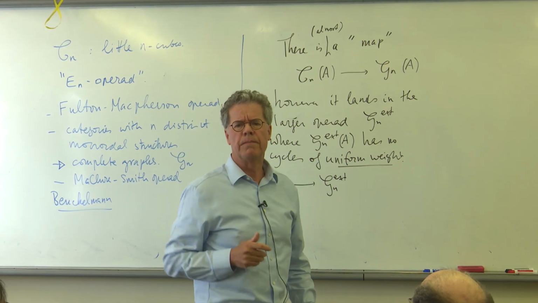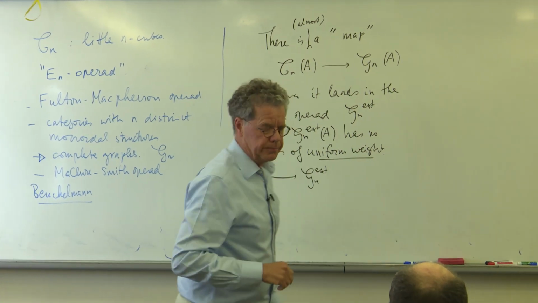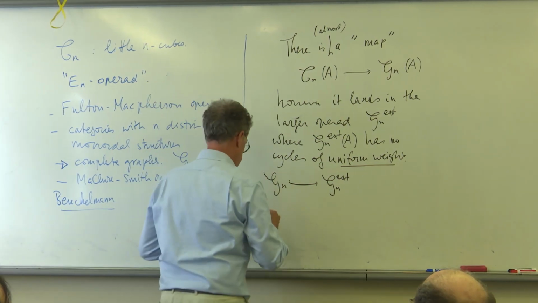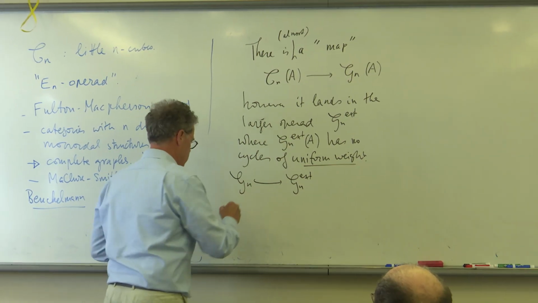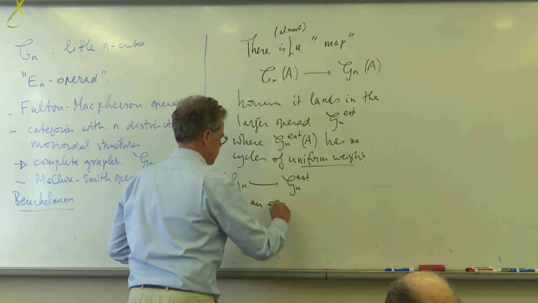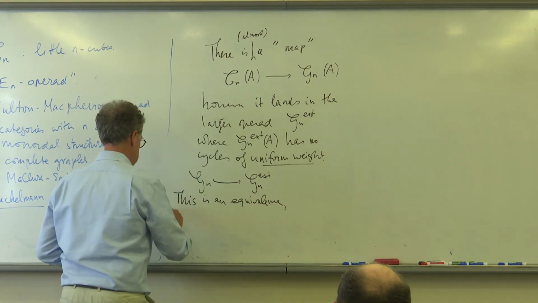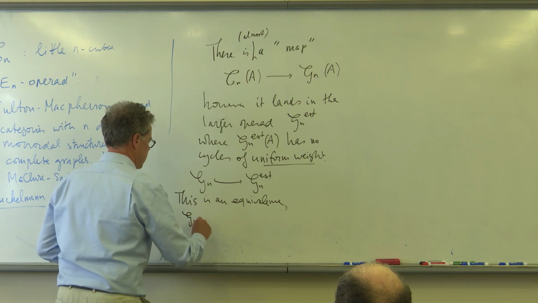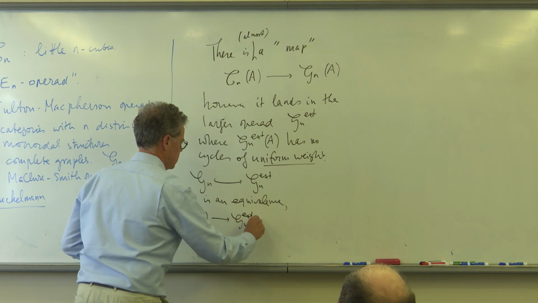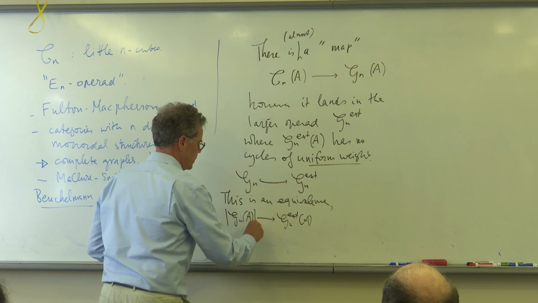You had a question? Yeah, what does equivalence mean here? Yes. So let me write it down, because I will use this all the time. So this is an equivalence, i.e., if you take Gn of A and you take Gnx of A, these are posets, you take the geometric realization.